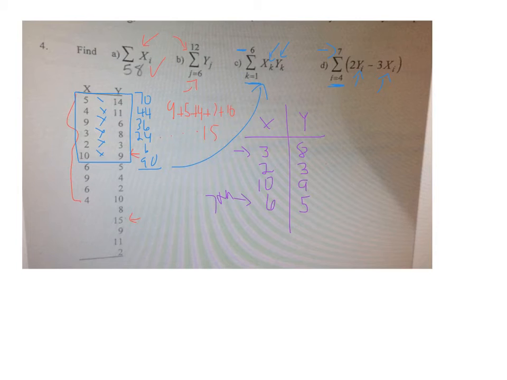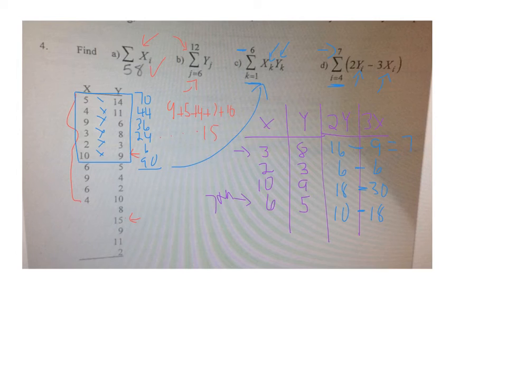Now I need 2 times y and 3 times x. So I might as well just create another chart. Let's do it in another color. 2 times y: 16, 6, 18, and 10. 3 times x: 9, 6, 30, and 18. Then I'm going to take this number and subtract this number each time in the chart.